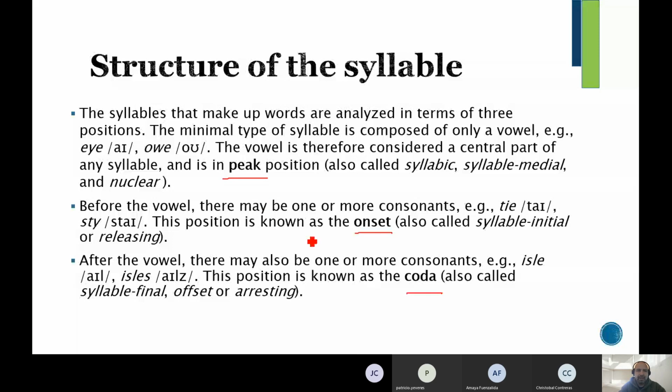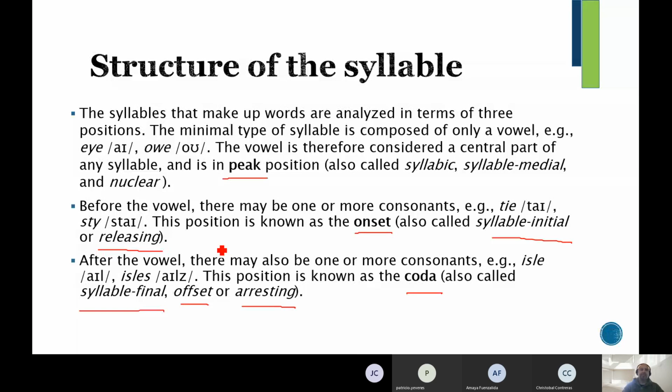And then there are also other terms to refer to the peak, like syllabic, syllable medial, or nuclear. For the onset, syllable initial and releasing, as Ms. Javiera mentioned. And the coda can also be called the syllable final, the offset, or the arresting consonant.